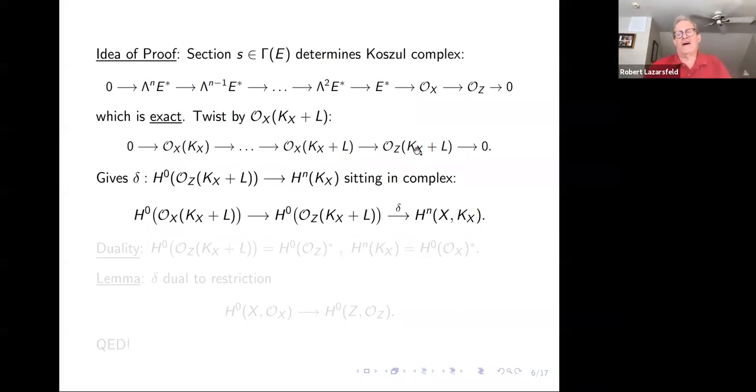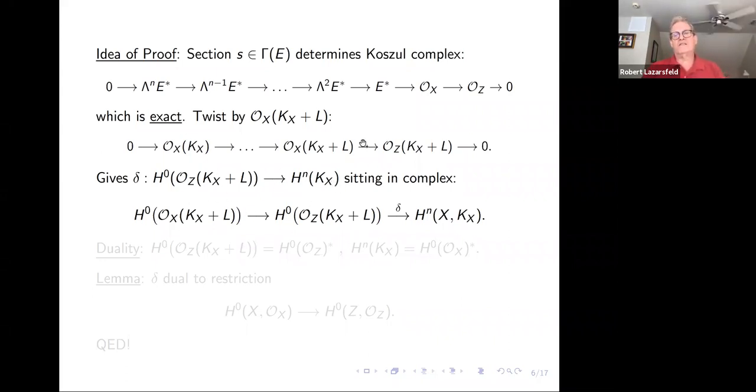This is a general fact: if you have a complex of length n that resolves something, you get a map from the H0 of the thing being resolved to the Hn of the term on the left. You just split this into short exact sequences. So we go from H0 here to H0 here to H1 of the kernel, H2 of that, and so on. I'm sure everybody's done this. You chase this through, and eventually you get a map delta that looks like that, and it sits in a complex like this.